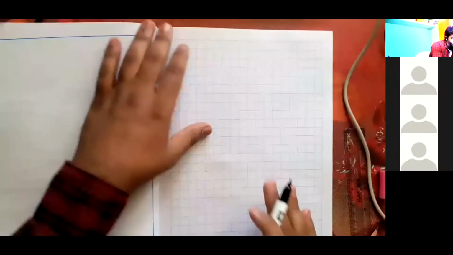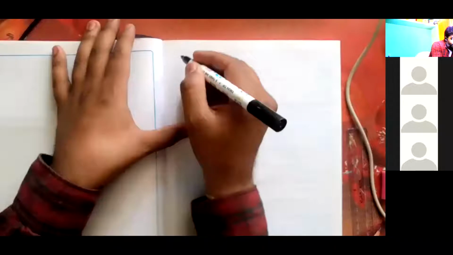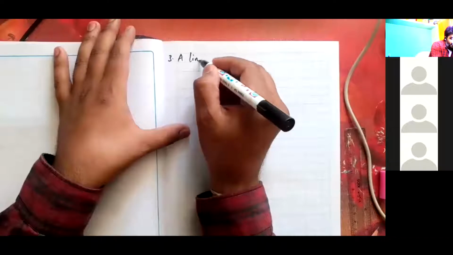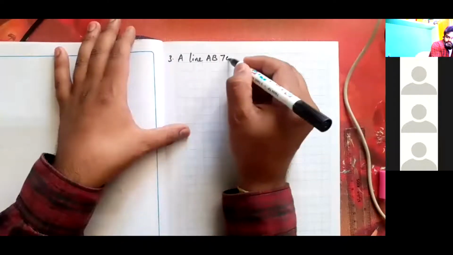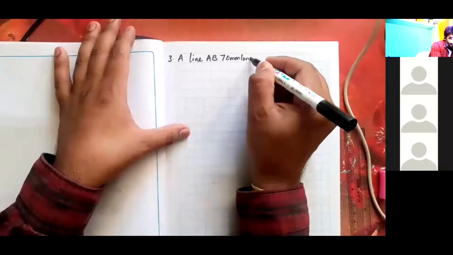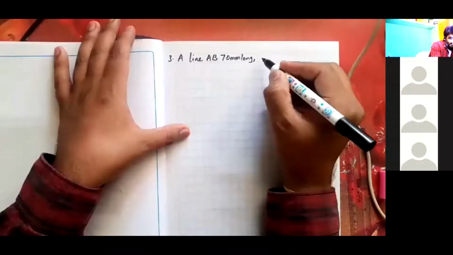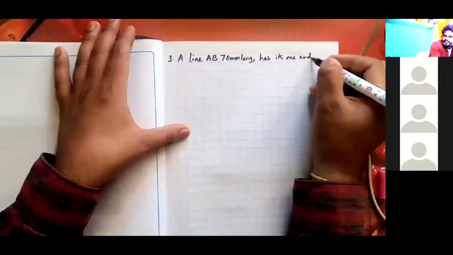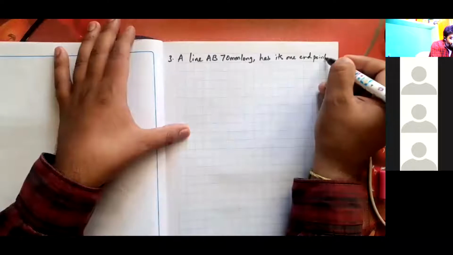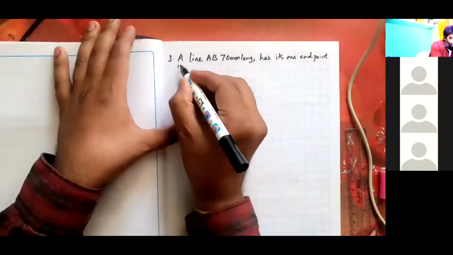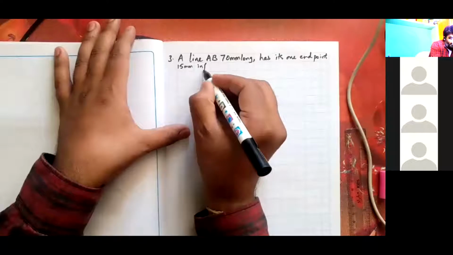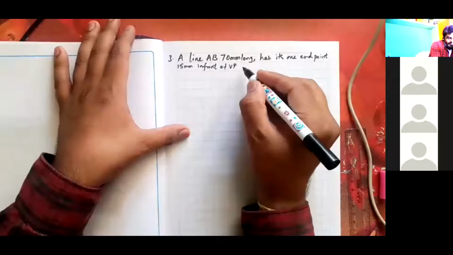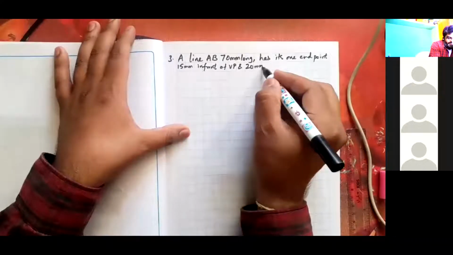Line AB, 70 mm long, has its one end point 15 mm in front of VP and 20 mm above HP.